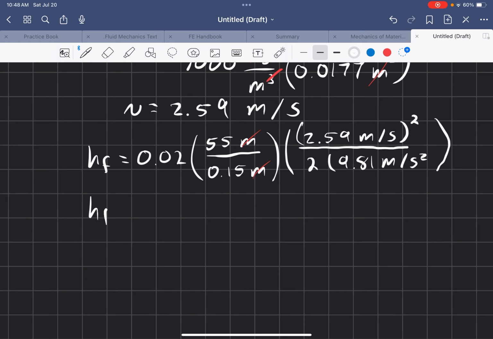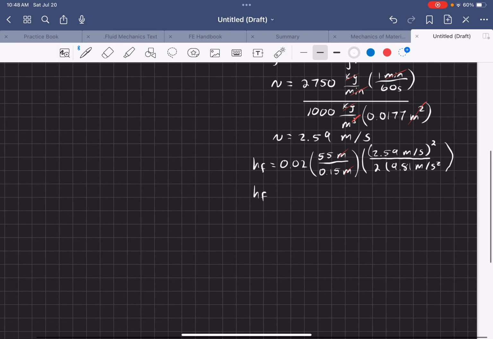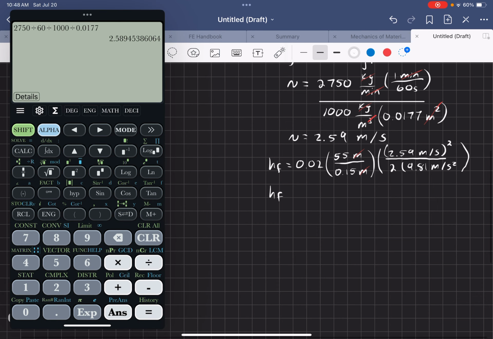So if we calculate this out, 0.02 times 55 divided by 0.15 times 2.59 squared divided by 2 divided by 9.81, our frictional head loss will be approximately 2.5 meters.